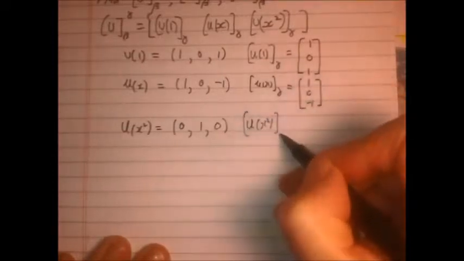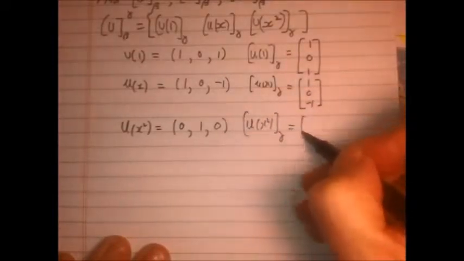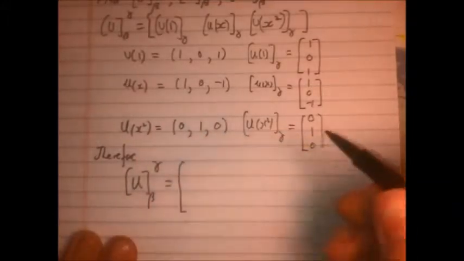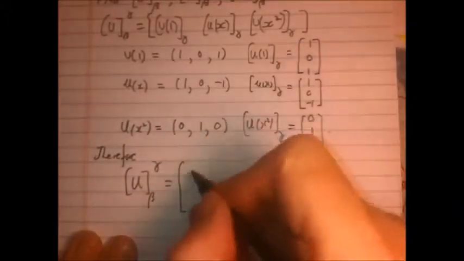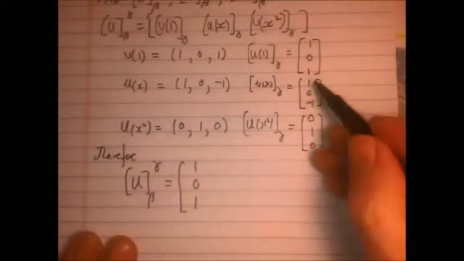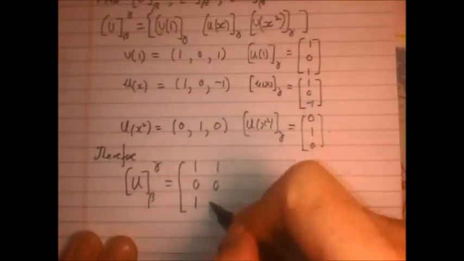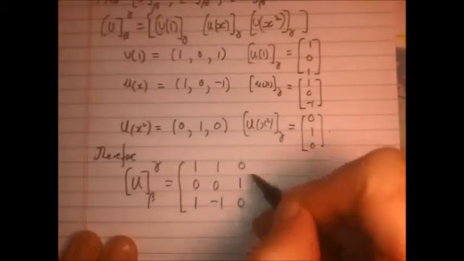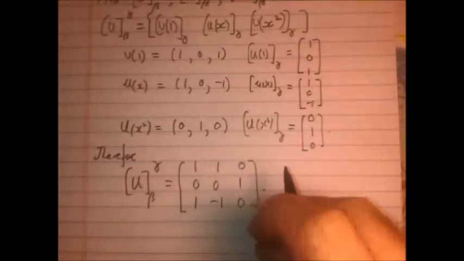And in terms of the standard basis of R3, this is simply the vector (0, 1, 0), and therefore the matrix of U relative to beta and gamma is the matrix with 1, 0, 1 in the first column, 1, 0, minus 1 in the second column, and 0, 1, 0 in the third column.